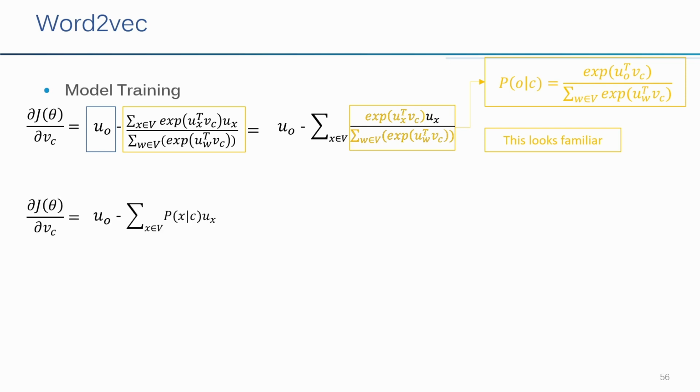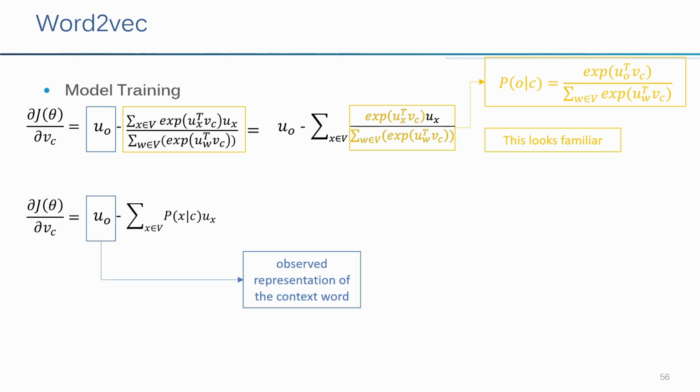And then if we rewrite this, we pretty much have this direction in which to change our parameters. So our u_o, or u of our context word right here, is the observed representation of the context word. So it is the actual value of a vector for my context word.